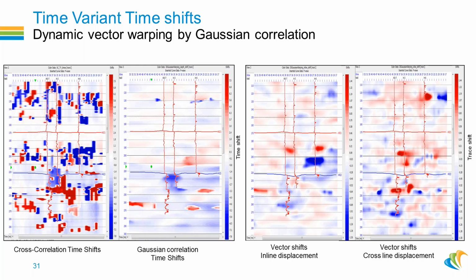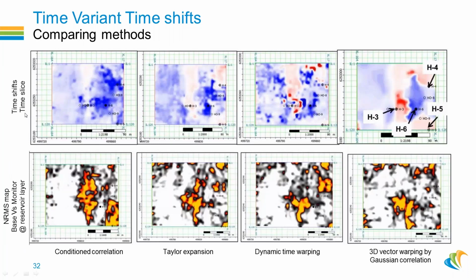So comparing all these together, on the top I have a time slice from those time shifts, starting from these: the conditioned, Taylor, dynamic, and 3D vector warping. So you see that for the top one, all of them are showing almost similar features, but if you go to, for example, 3D vector warping by Gaussian correlation, it shows smoother variations. Maybe that is what we are looking for.